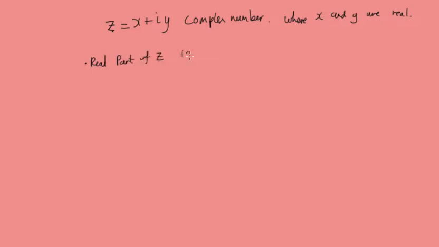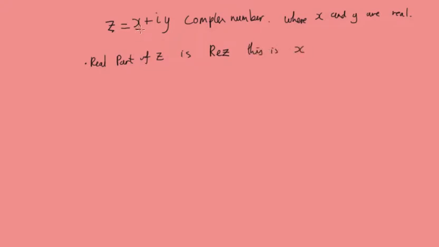x plus iy. X plus iy is a complex number, where x and y are real. Now we say that the real part of z is x.